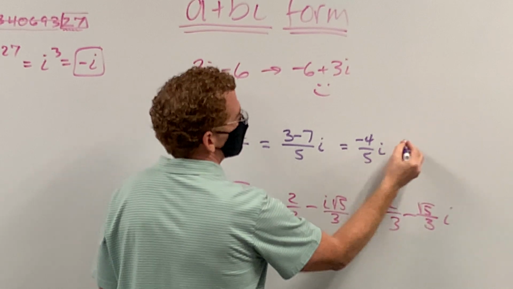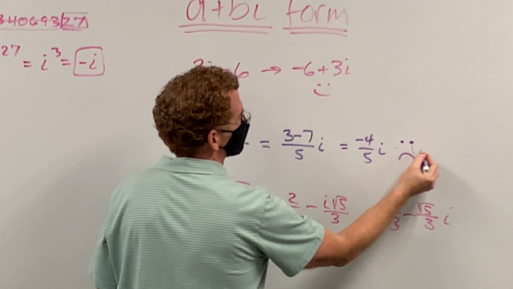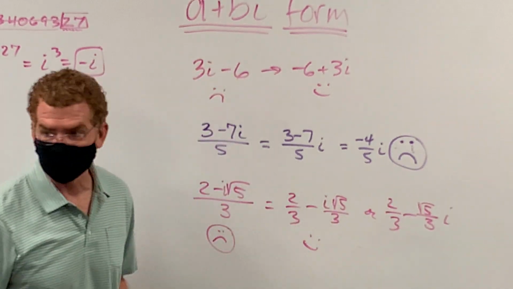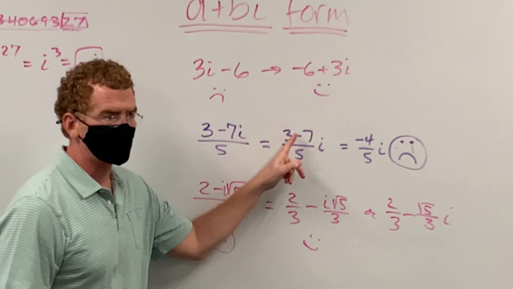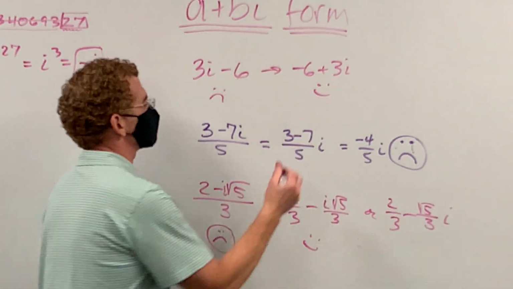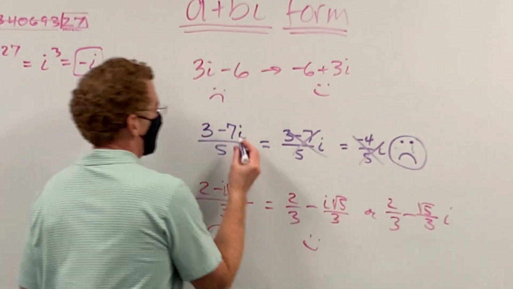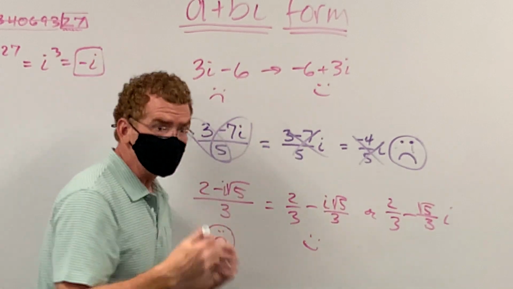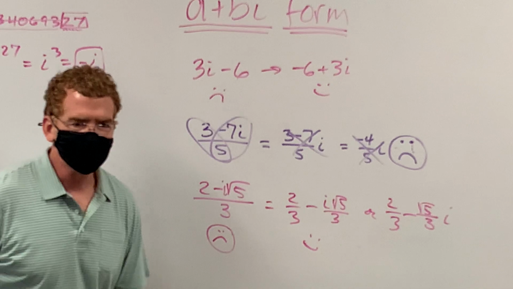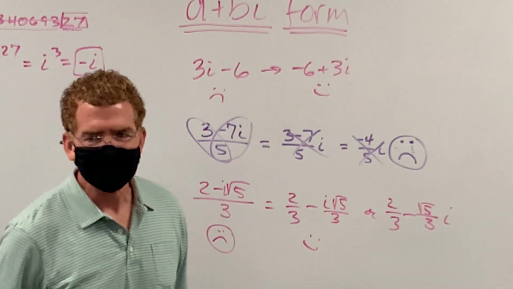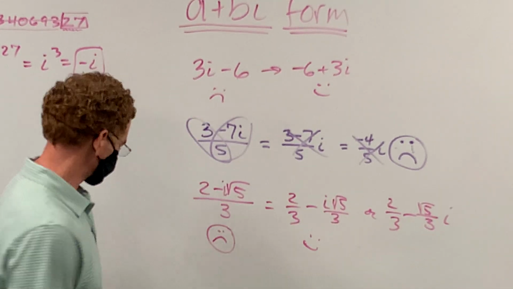In fact, I've got tears. I'm so sad on that one. Okay? You can't factor an i out unless it has it in both parts, right? So please don't make that mistake. Okay? Just split it up. But you need to put that in a plus bi form, because that's good math etiquette. It's chewing with your mouth closed when you got a big bite in there in terms of math.